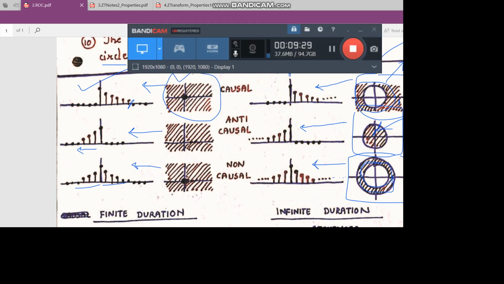Properties are very important things. They actually make our task easier. With the help of properties, we can solve numericals very easily. If we have the knowledge of properties, it makes our task simpler. Complex numerical problems can be simplified with the help of properties. So it is very important to know the properties of the system. Hence, we will study the properties of Z transform in our upcoming lecture.